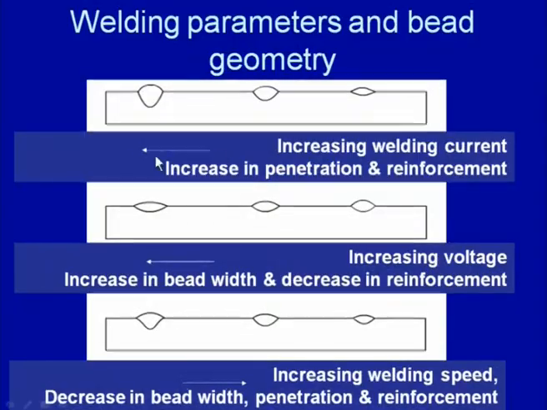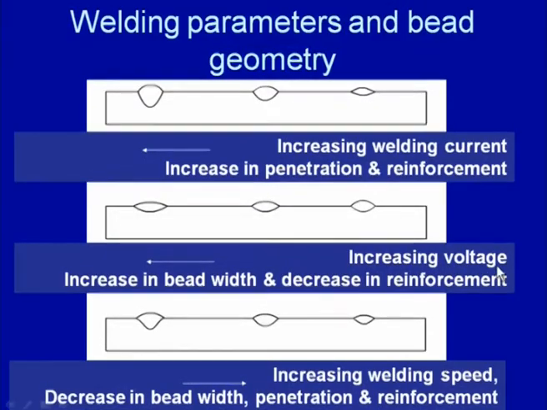So, increasing the welding current in this direction, the change in the penetration is very shallow penetration, higher penetration, and the maximum penetration, and it is also increasing the reinforcement of the weld. So, increasing welding current increases the deposition rate, the melting rate of the electrode, and the capability to penetrate the base metal, in turn leading to higher penetration and increased reinforcement.